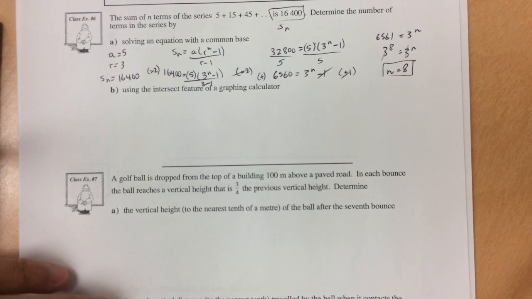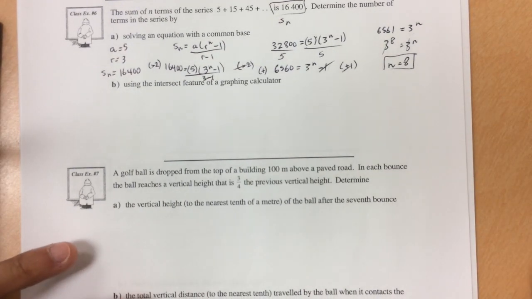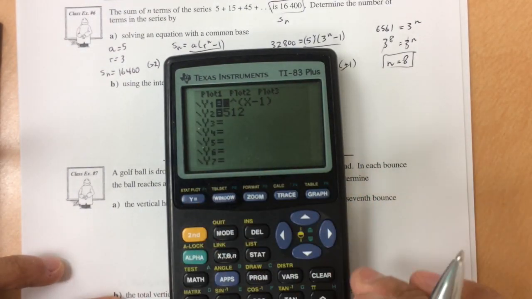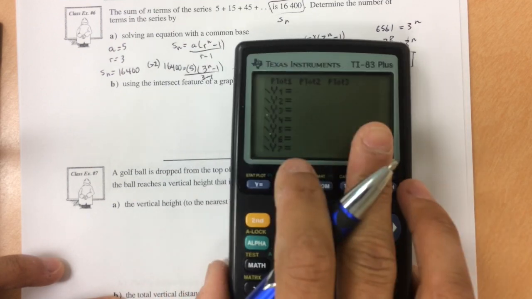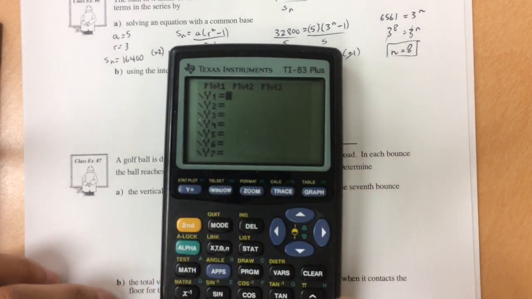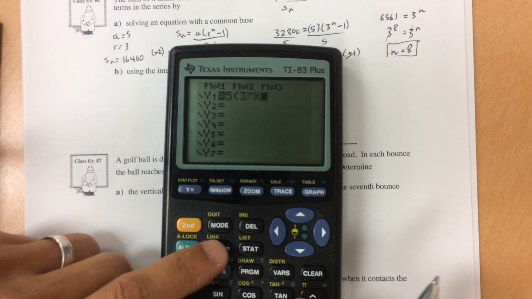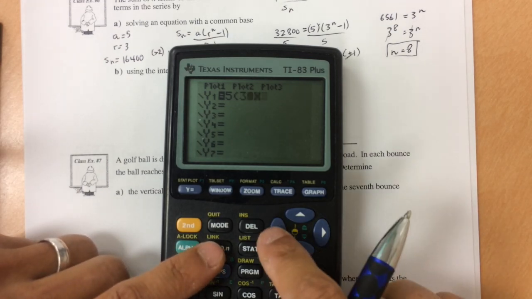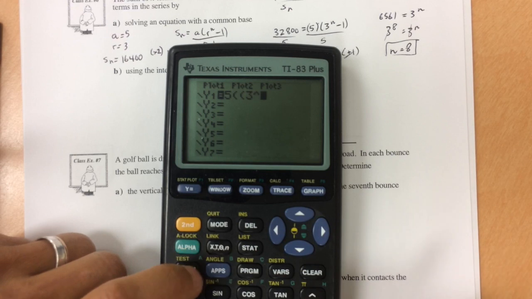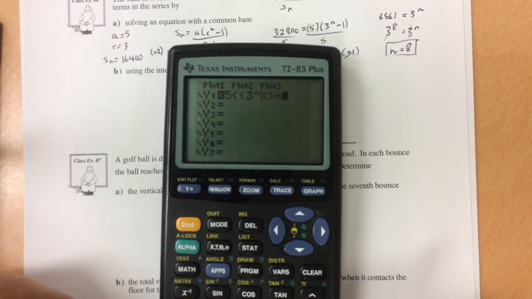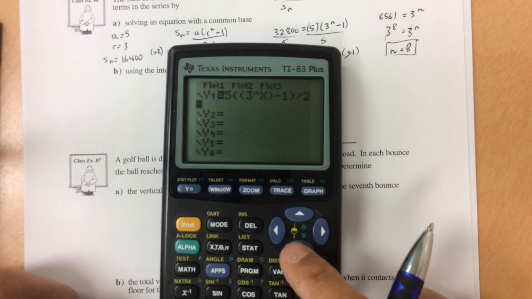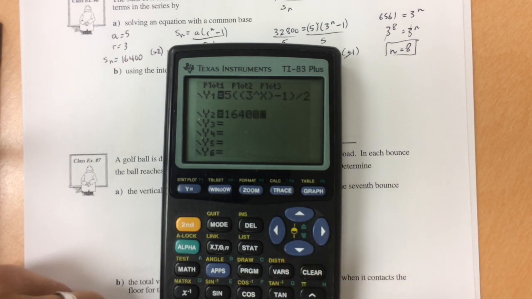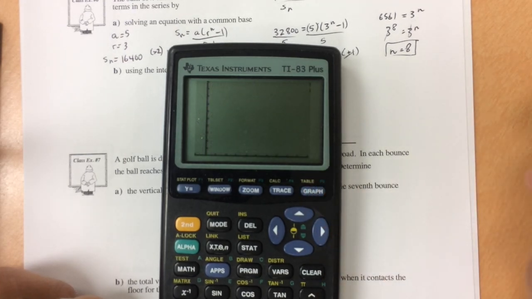The other way to do this is to use the intersect function in the calculator. So using the intersect function, all we would do is go 5 times 3 to the power of x, and we should really be using brackets here, minus 1 divided by 2. 16,400, and graph.